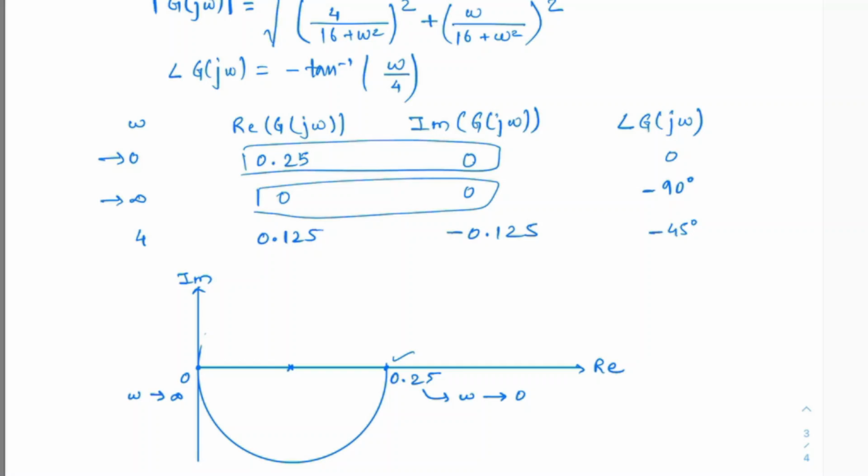Because the angle terms are negative and the radius here is 0.125.